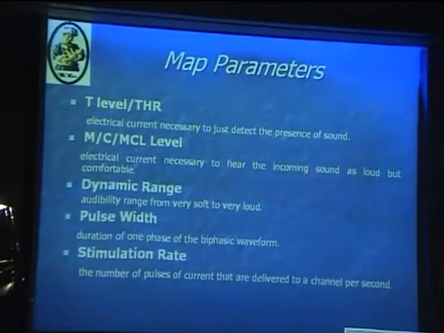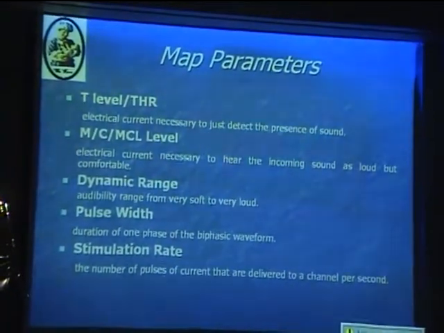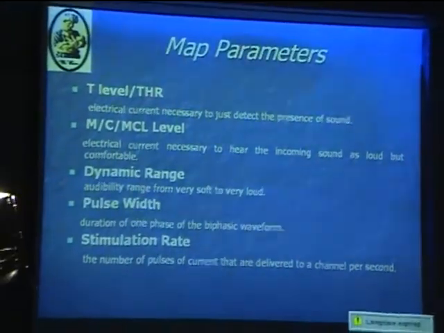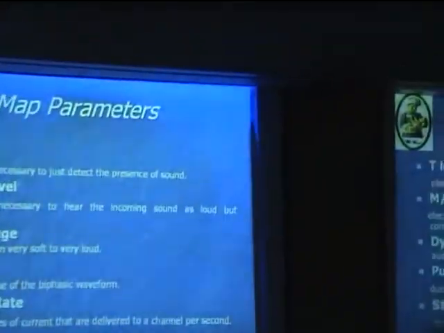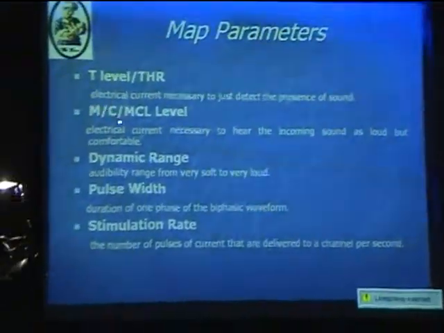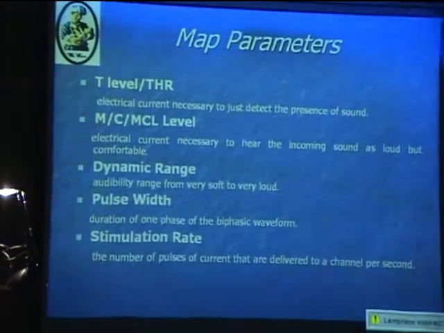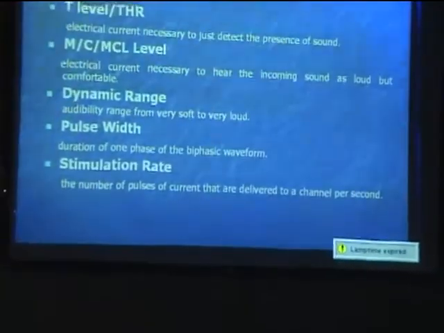At these levels the person does not feel any discomfort in terms of loudness of the sound or any irritation. And the dynamic range is the current levels that lie between the T and the M levels.